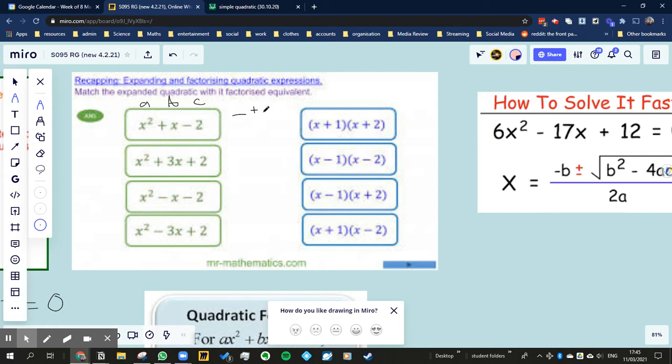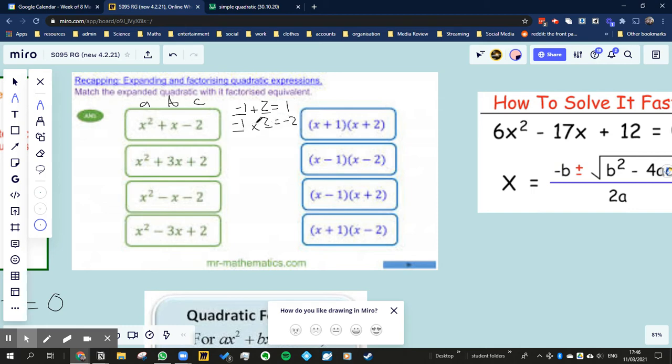Two numbers that add to give 1 and times to give -2: -1 and 2. If you add these two together, you get 1, and if you times them, you get -2.